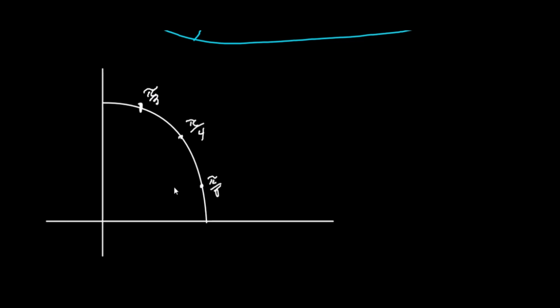And then they'll have the xy coordinates of these guys. So what I mean by that is, if I were to walk around the unit circle pi over 4 radians and stop, then the xy coordinate of the point at which I stop will be written down in this reference unit circle. In this case, it's square root of 2 over 2, comma square root of 2 over 2.